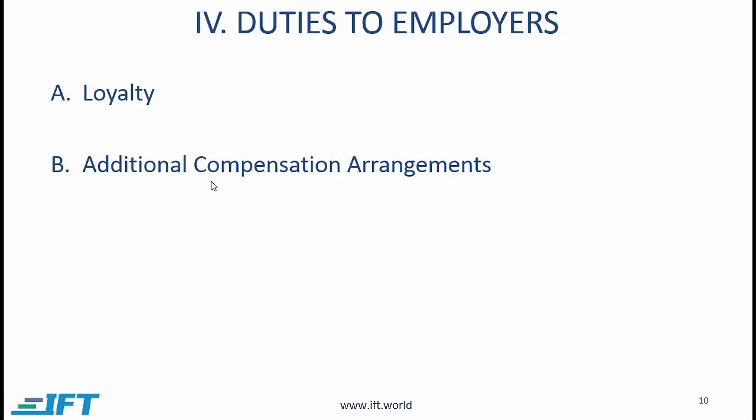You must not accept gifts, benefits, compensation, or consideration that competes with or might reasonably be expected to create a conflict of interest with your employer's interest unless you obtain written consent from all parties involved.